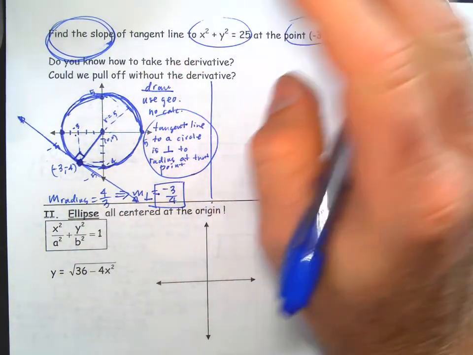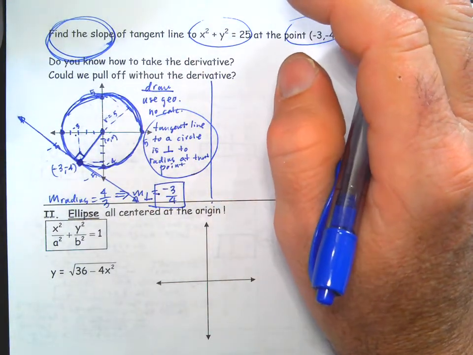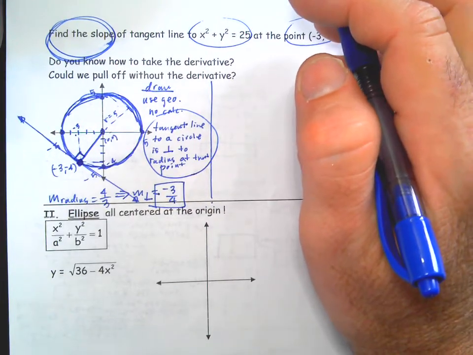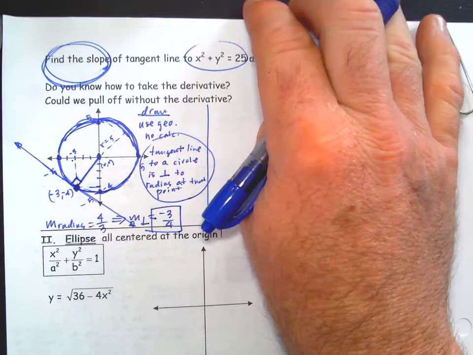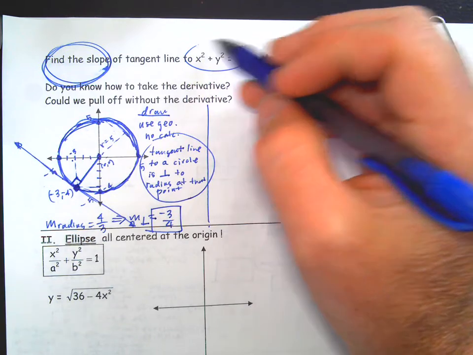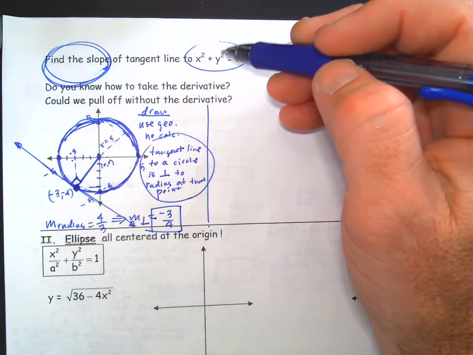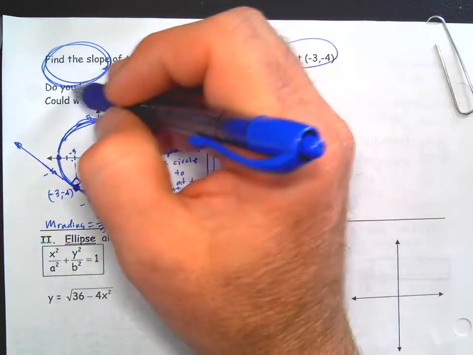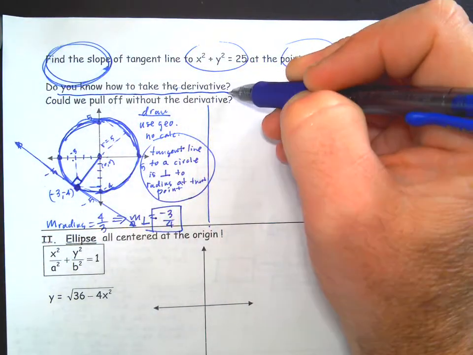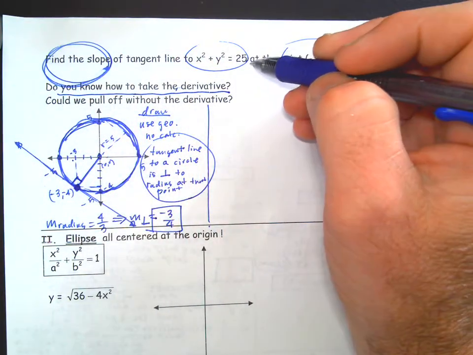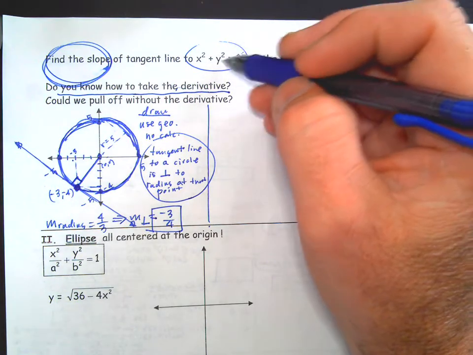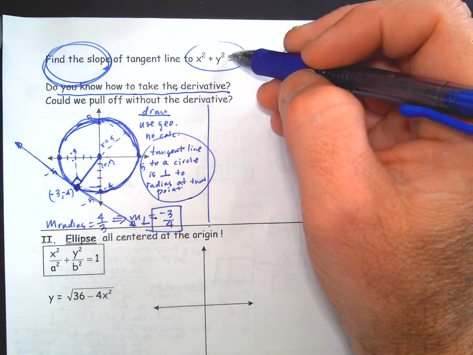That doesn't really use calculus. Now, there are ways for us to do it with calculus. We've talked about how the slope of a curve is the derivative, right? But here's the deal. Can you take the derivative of this? I don't think so, with all these extra variables.